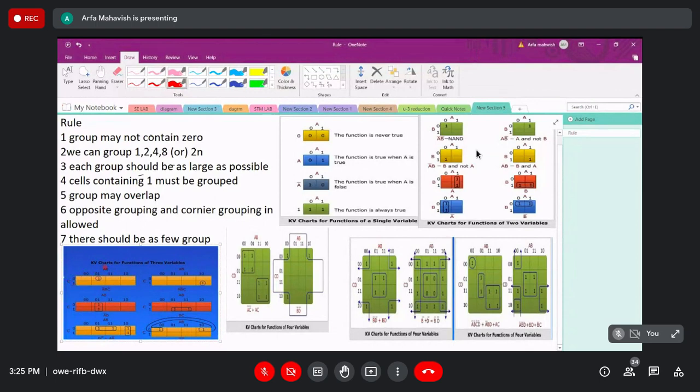Look at the first one, A. The A cells 0, 1 and 0 are opposite cells, right? Whenever you find this kind of opposite cells, where the input value is 0 and the output value is 1, you have to write A bar. For B, the input of B is 1 and the output is 1, so you write B over here.